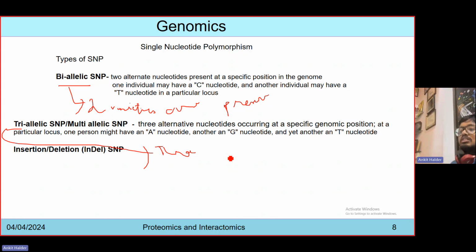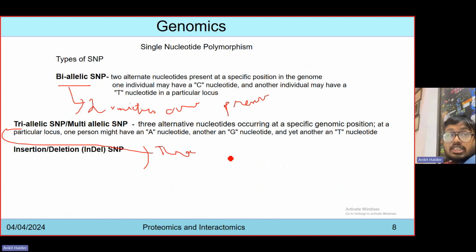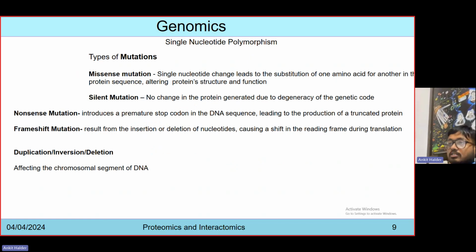One has an A or G and another has a T. So either only two varieties or more than two varieties are present.